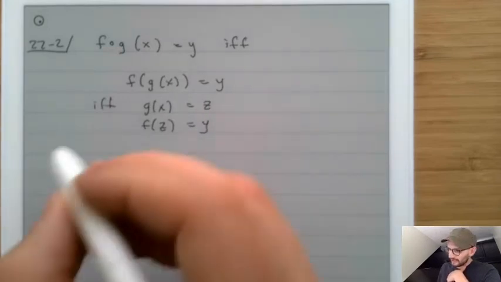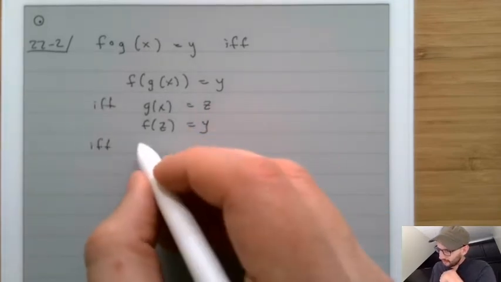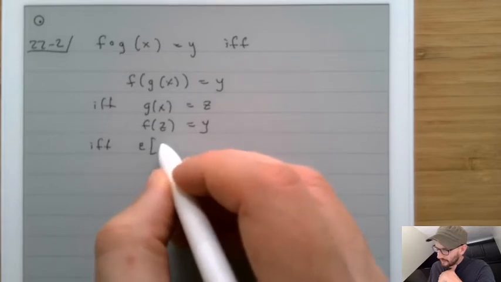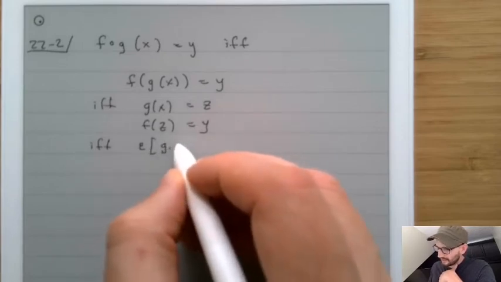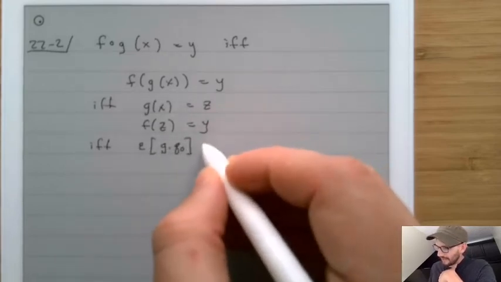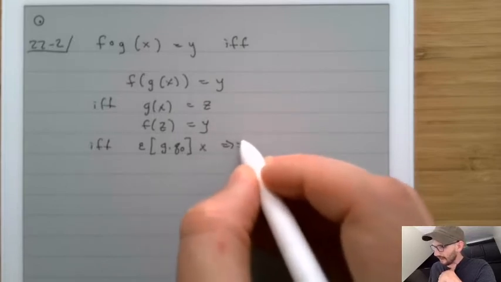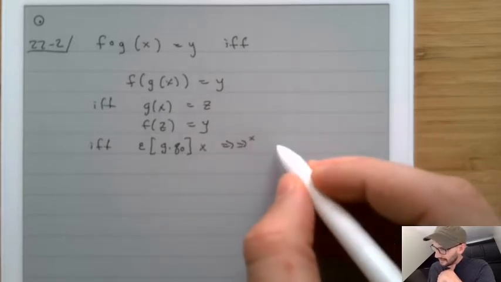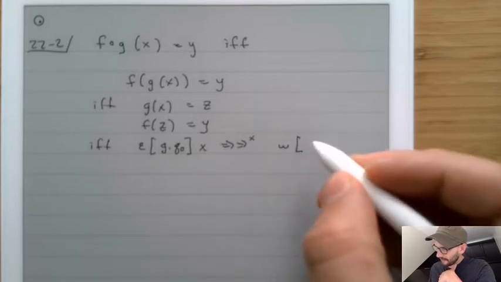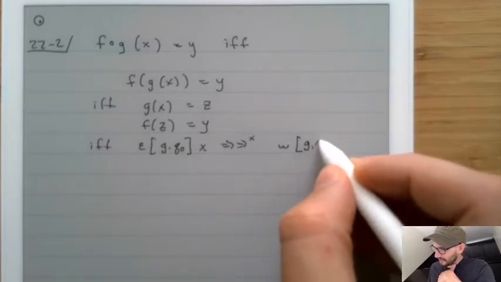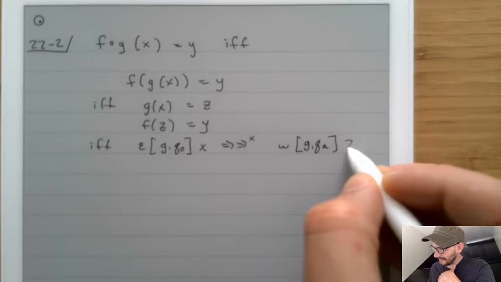Now converting this to Turing machines, that means that if we have epsilon, and we start at g's q0, and we get x as input, then we run for a while, and then we get some string w, and we get g's qa, and then we get z there.